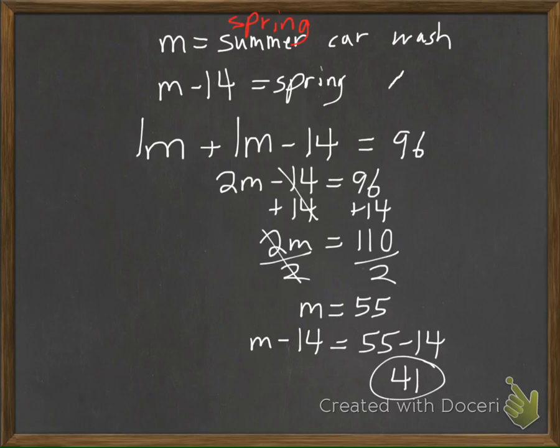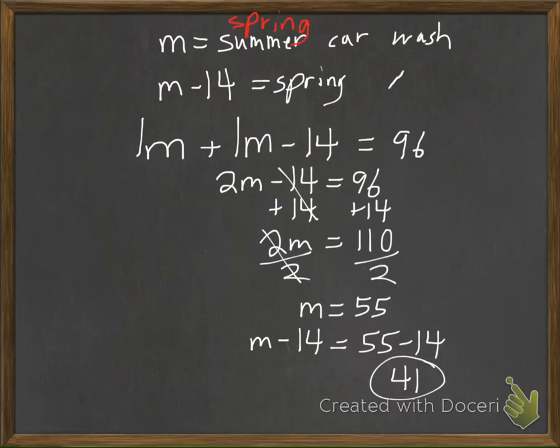So basically, yours is still wrong because according to what you set your variable up to be, you set M up to be the spring car wash. And in the summer, they didn't wash 41, they washed 55. So if you pay attention to your variables, it's still incorrect. And you can't just do subtraction, you have to do the opposite operation.